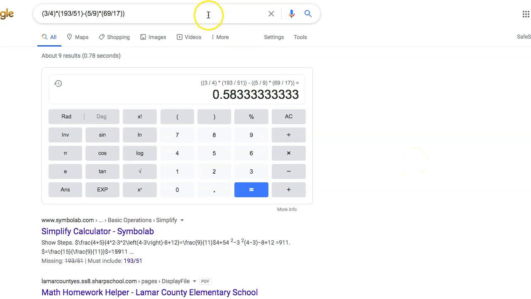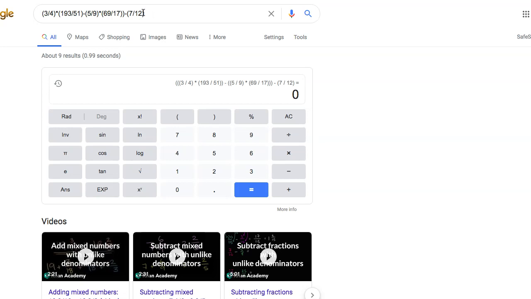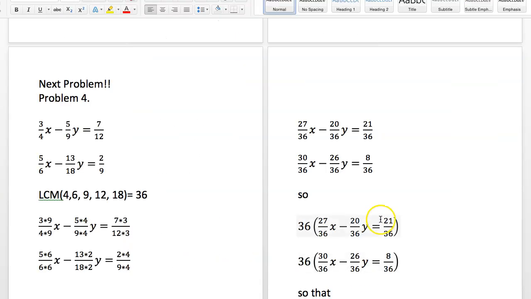Let me make sure, and just to be double extra sure, let me use parentheses. Yes. Okay. It's correct.